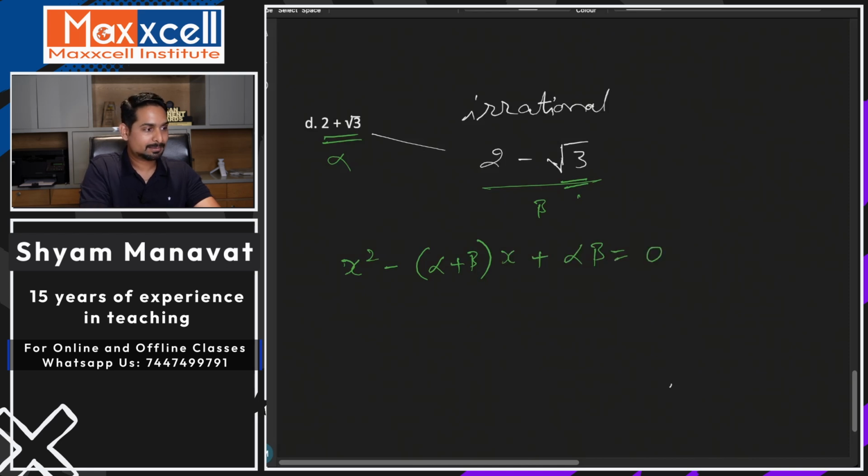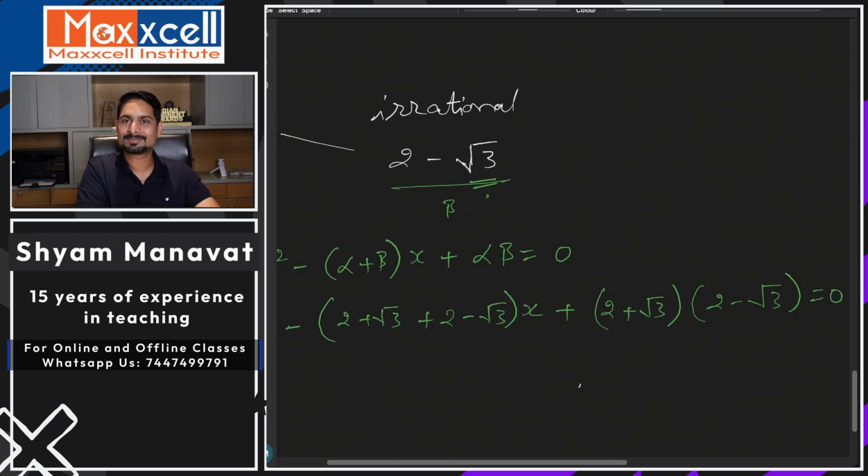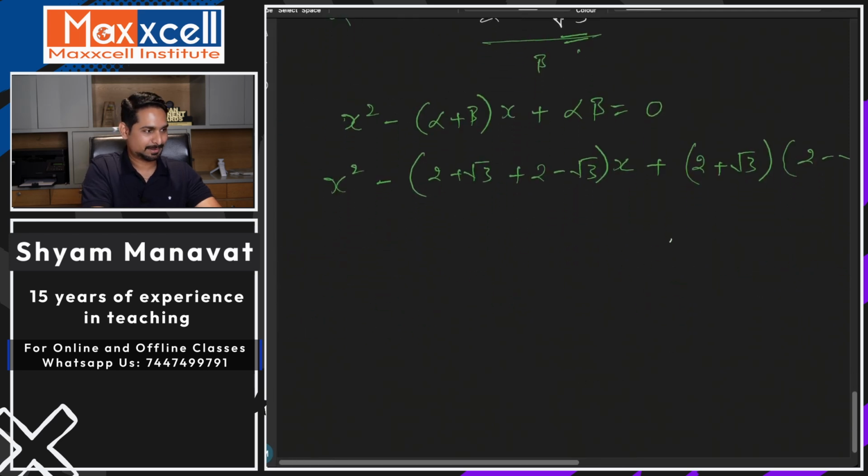Substitute alpha and beta there. x square minus (2 plus root 3 plus 2 minus root 3) x plus alpha, which is 2 plus root 3, and beta, which is 2 minus root 3, equals 0.